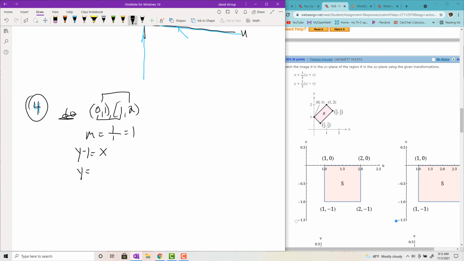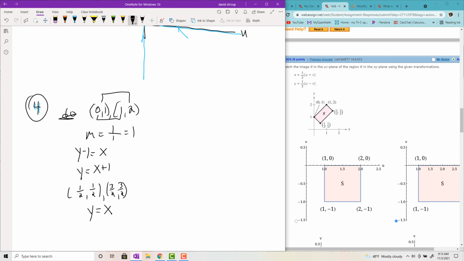So y will equal x plus 1. And then let's get another guy. The bottom line here from 1/2, 1/2 to 3/2, 3/2. And it's clear to me that that's just the equation y equals x.